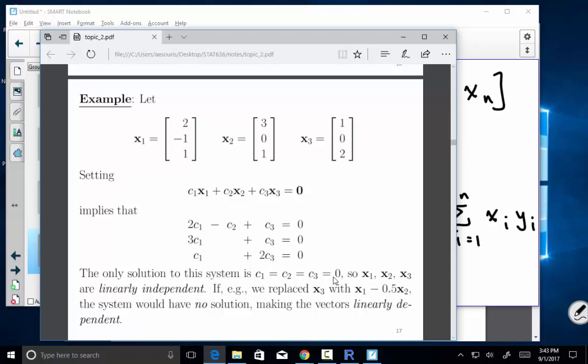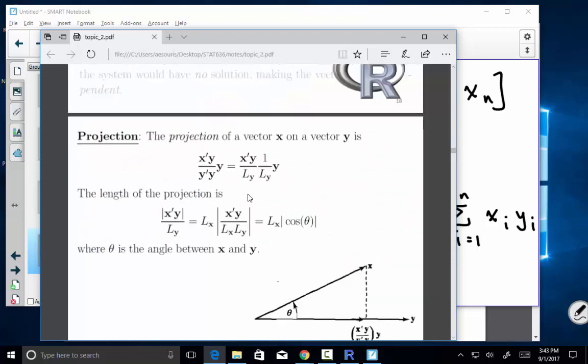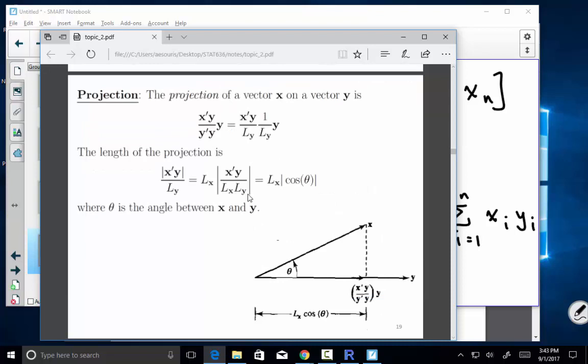If there is no solution to this, short of using all zeros for the coefficients, they are not linearly dependent. They are linearly independent. I'll skip this for now.